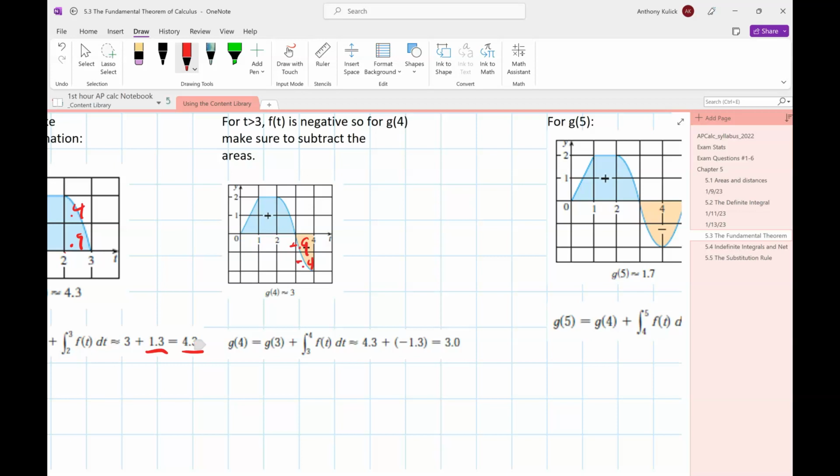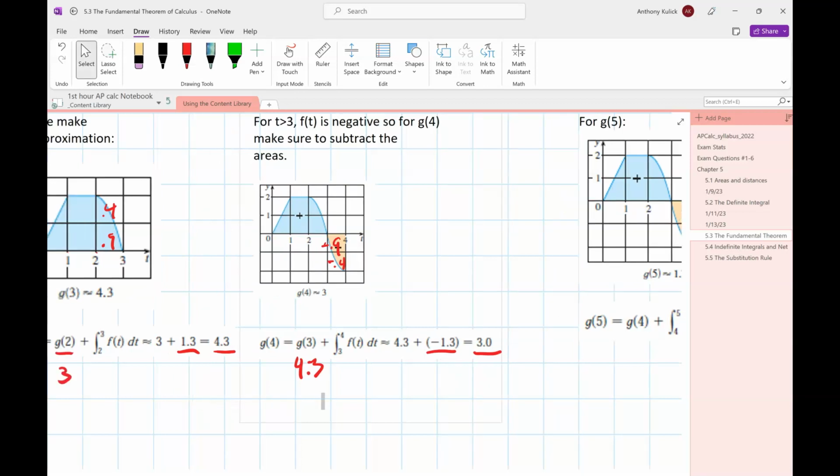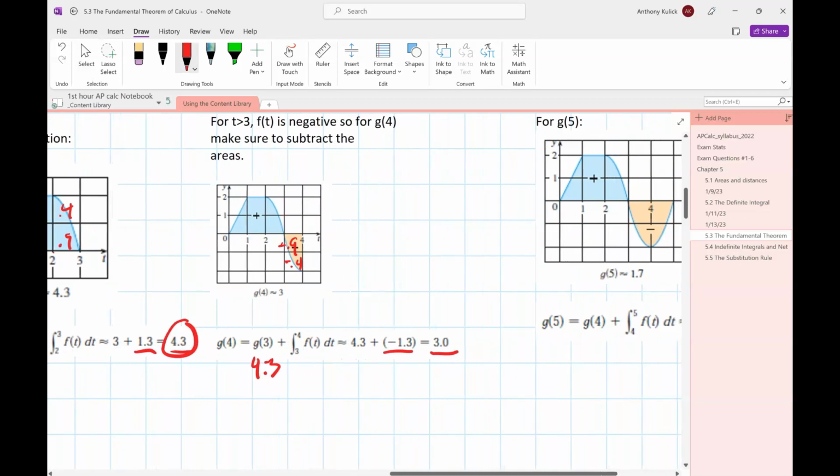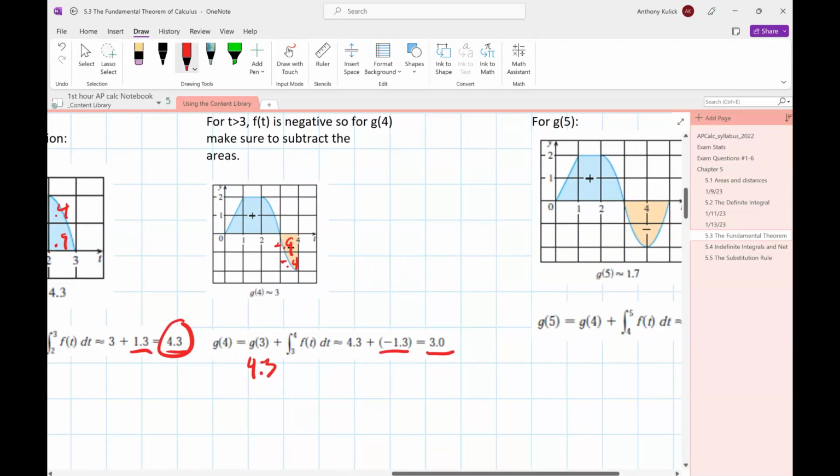So if I take my previous answer, which was 4.3, and I subtract the 1.3, I get 3. Mackenzie? Yeah, that was our answer for g of 3, right? So that's the blue. Notice that in each of these calculations, I'm using my previous answer and then either adding or subtracting from it, right? For the new segment.